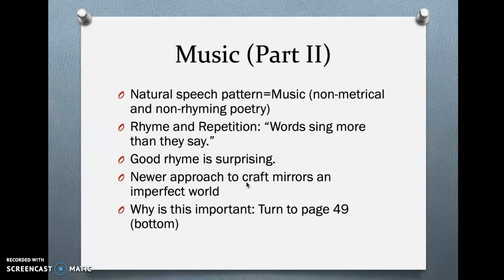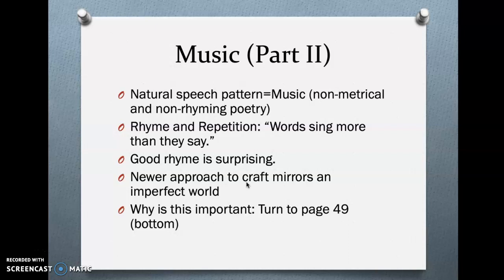And then why is this important? I would like to make sure all of you read page 49. There's a little footnote there. And it's so important. I just love that Koch adds this in the book because he's talking about why we do this. It's not like you have to know this to write poetry or read poetry, but as he emphasizes, it makes the writing better, it makes the reading better to know more of this information.